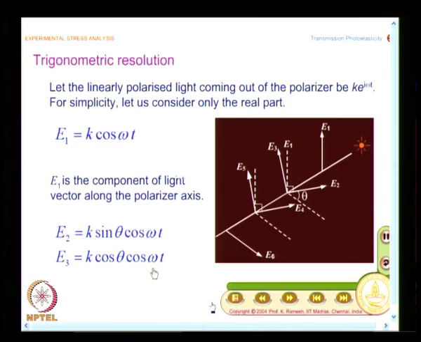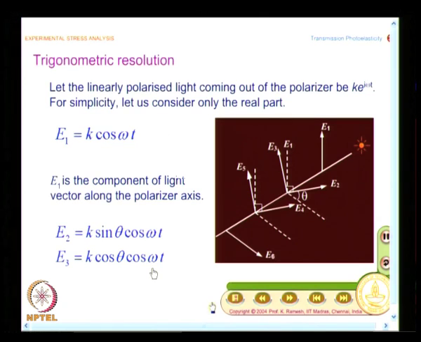If you recall the discussion that we had on retardation plates, we spent sufficient time on looking at what happens to the incident light when it hits the model and what happens within the thickness of the retardation plate. A similar thing we will have to look at here. So, for directions E2 and E3, you are able to write the light vector comfortably.